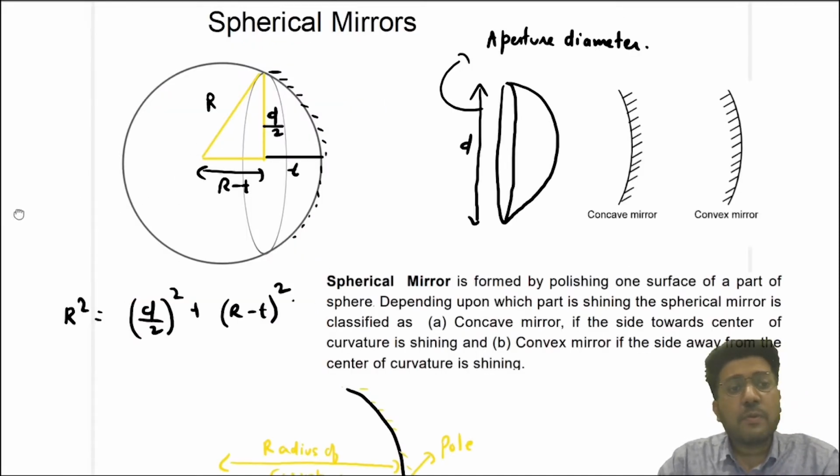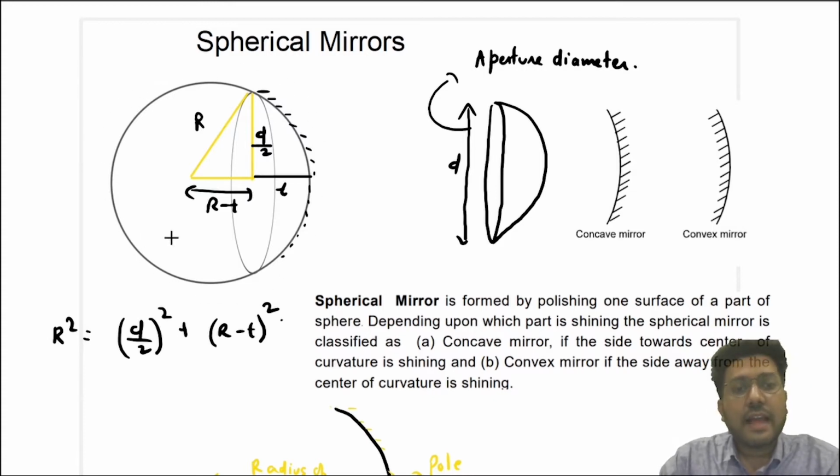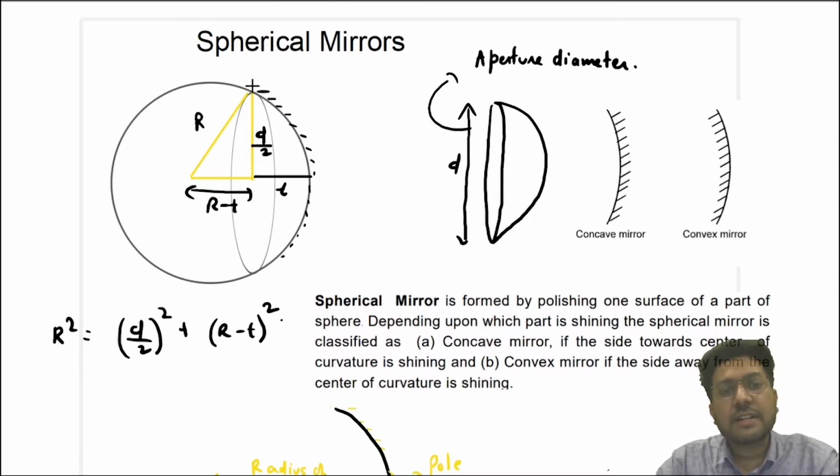Okay, now we will start with spherical mirrors. Suppose this is a sphere and this is a part of the sphere, and this part of the sphere you have silvered. That means you have converted it into a mirror. So this was a transparent sphere and one portion of it you have silvered, then this portion is a spherical mirror.